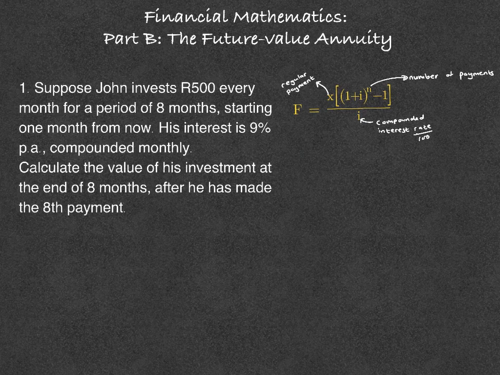It's default future value. So we invest 500 Rand, regular payments per month. It's not just a lump sum money that's growing or depreciating. It's regular payments, 8 months, starting 1 month from now. His interest rate is 9% per annum compounded monthly, so that's the nominal interest rate. Calculate the value of his investment at the end of 8 months after he's made that 8th payment.